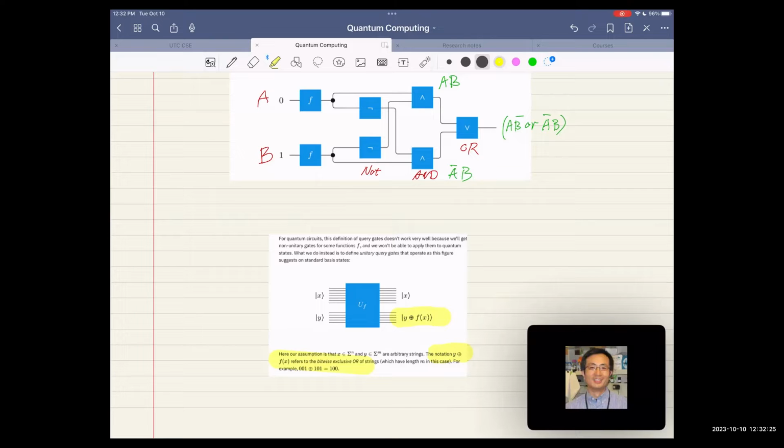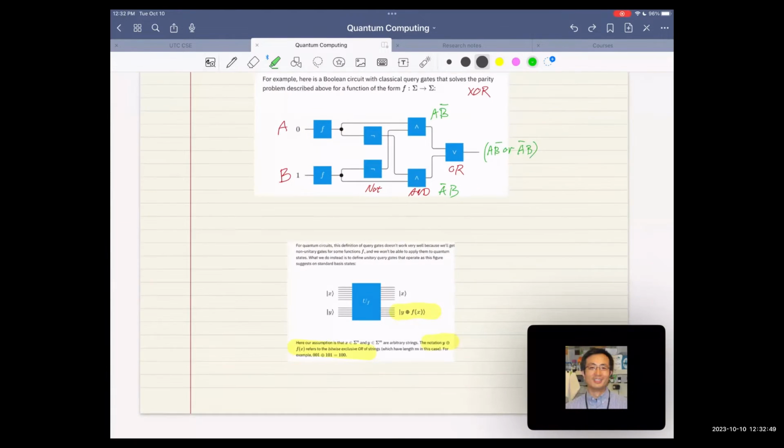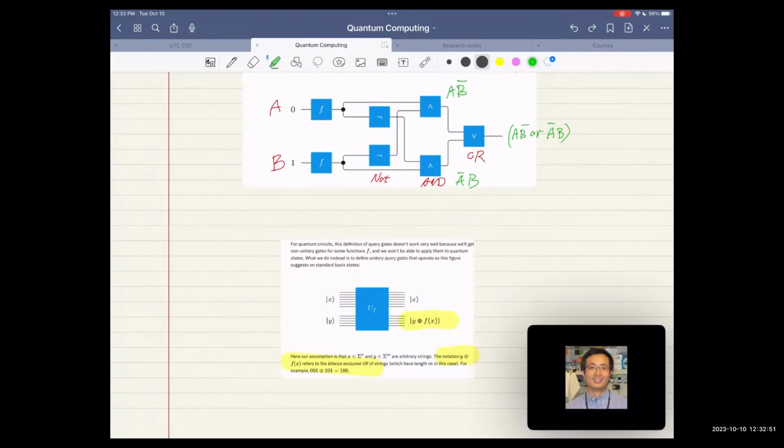Since the top one doesn't do anything, we can just ignore it. But the bottom one apparently applies the XOR on the strings. Apparently the Deutsch algorithm uses this as an example to show the advantage of the quantum algorithm.